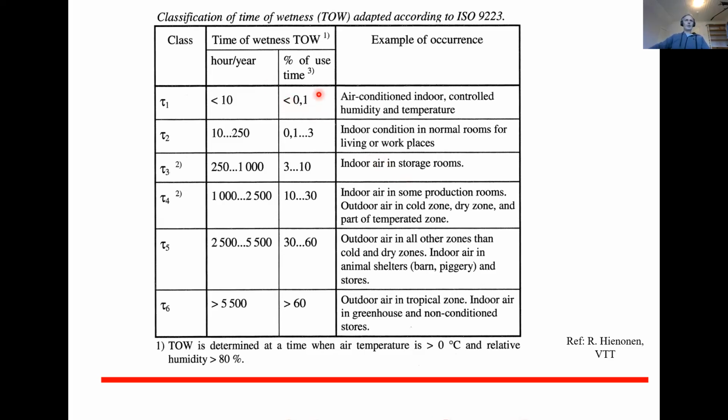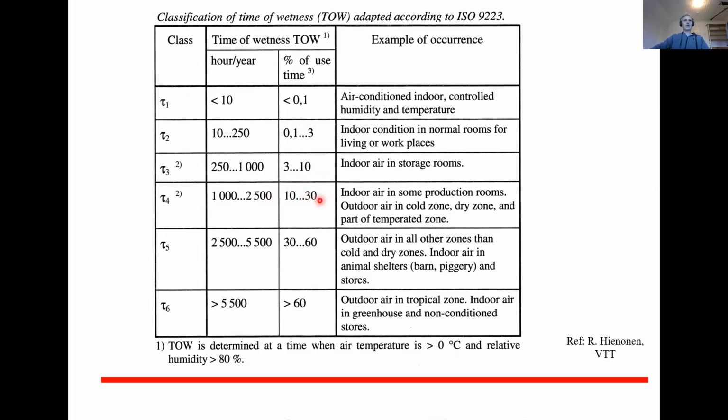And then moving from this tau1 category to environments where a few percent of the lifetime could have conditions where corrosion could happen. So for example, most probably the space where you are now, where I am now, so normal indoor conditions. Then from a few percent up to 10% of the lifetime, we are talking about indoor storage rooms.